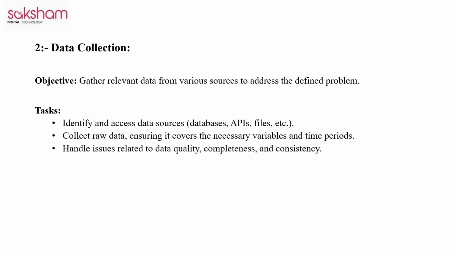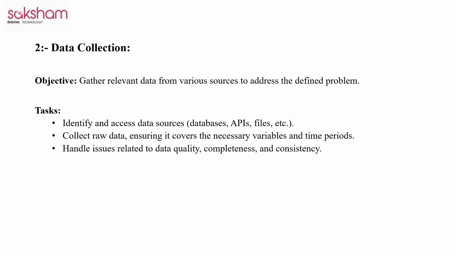The tasks of this data collection process: identify and access data sources like databases, APIs, files, etc. So this is the task. And the other one is collect raw data, ensuring it covers the necessary variables and time period. You just collect the data, which is not clean data.